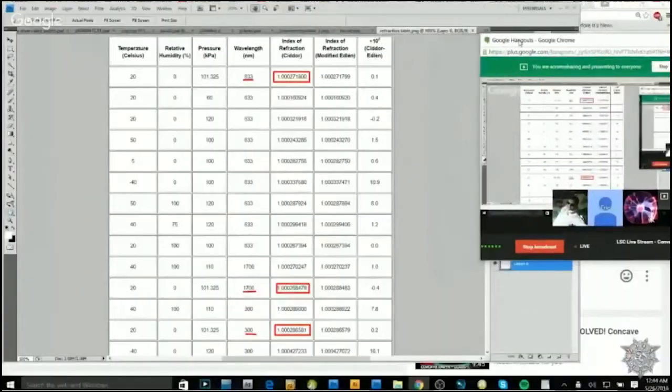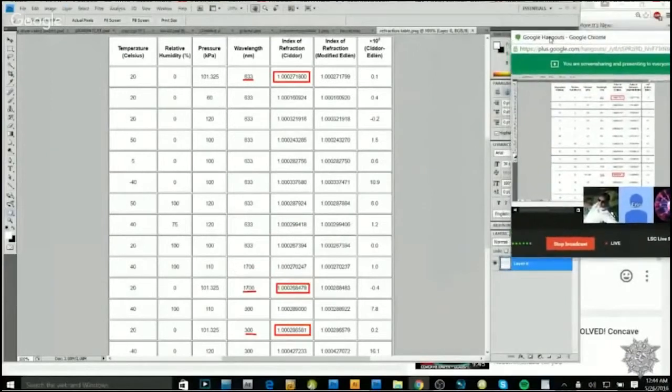But even on this table here, it has a table of the refraction of light in air. Okay, and they have the conditions, the pressure, the wavelength. And so I highlighted these 3 different scenarios here.